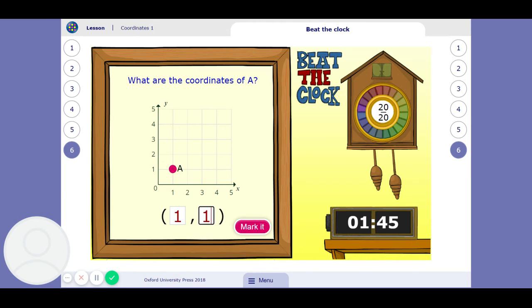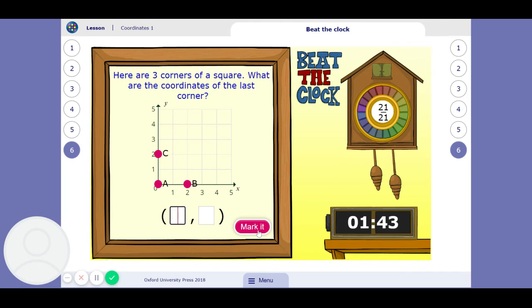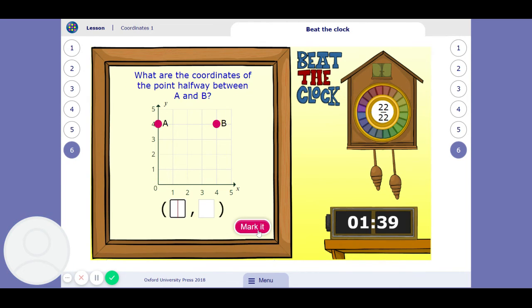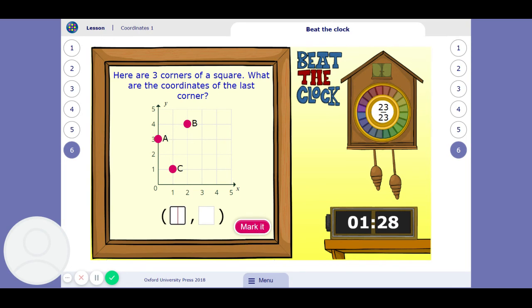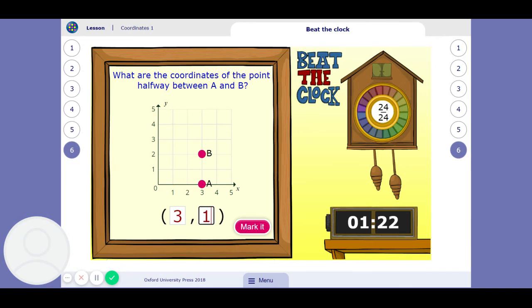Coordinates of A is 1, 1. Last corner of this square is going to be 2, 2. Halfway between here is going to be, what's that, 2, 4? Yeah. Last corner of this square is going to be 3, 2, 3 across and 2 up. Halfway between here is going to be 3, 1.